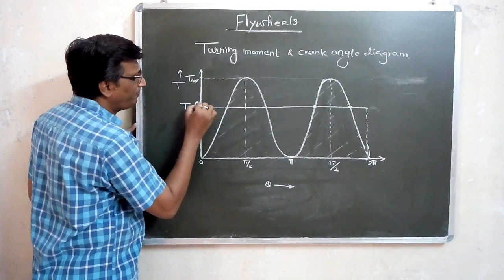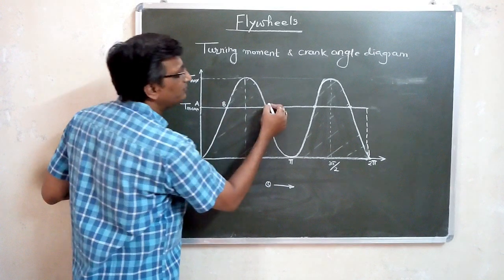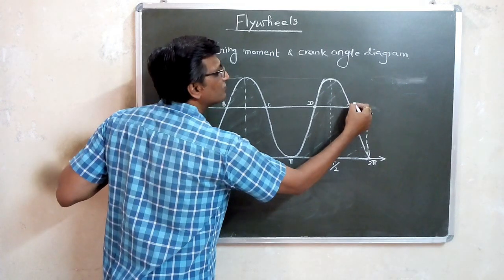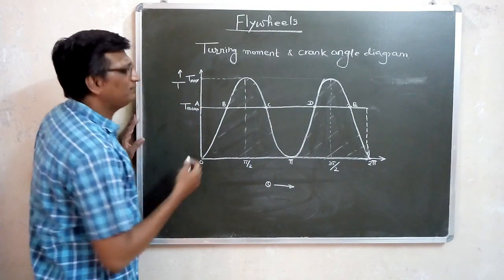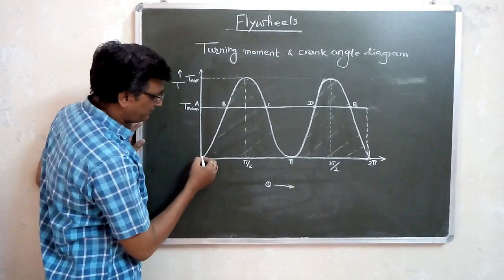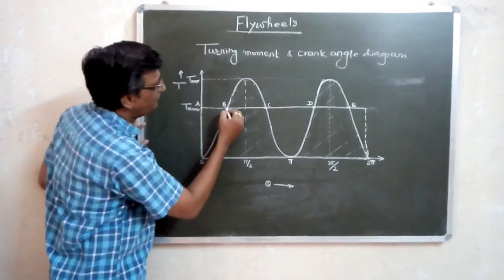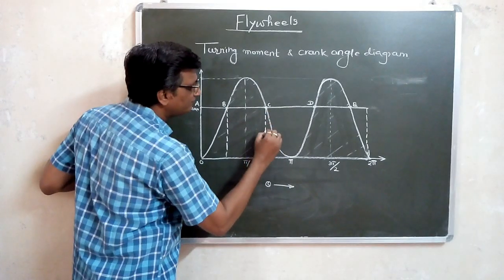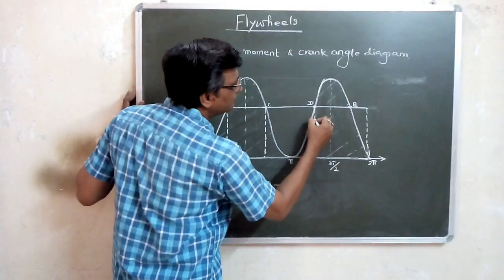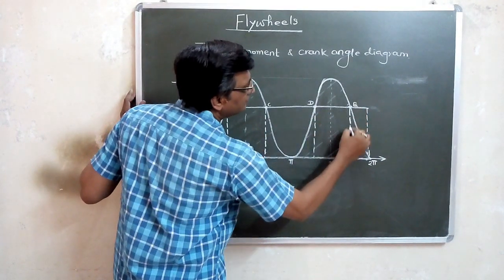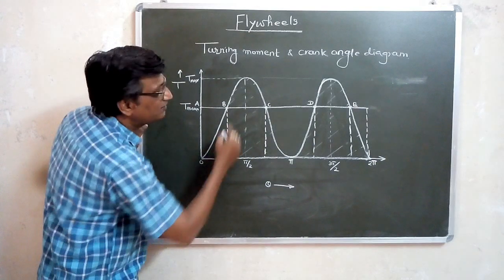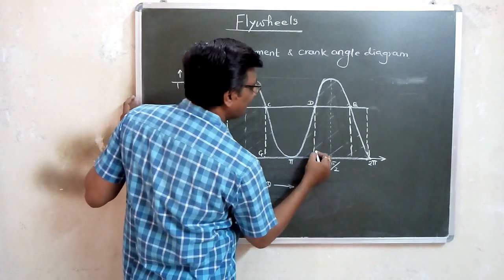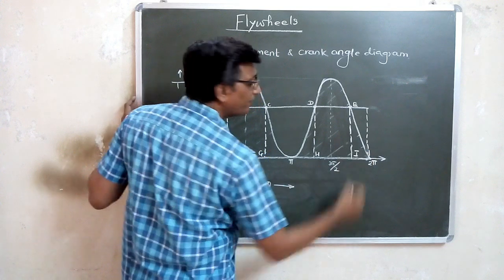Let us say this is point A, this is point B, C, D, E. Then this is F, this is G, this is H, this is I.